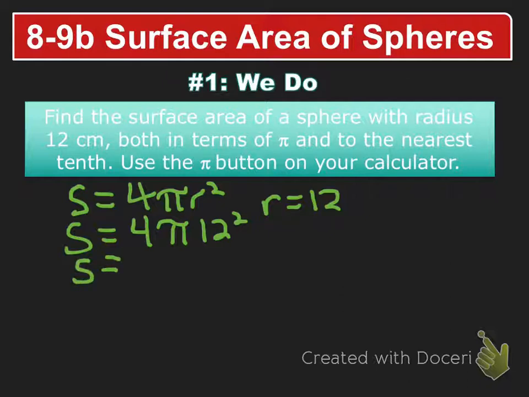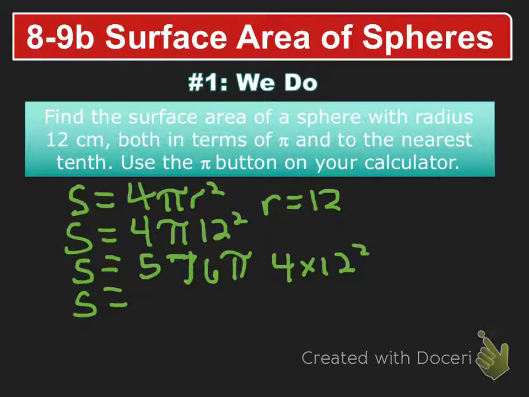So you're going to take the 4 times 12 squared. When you do that, you're going to get 576 pi. Now, if you take 576 and multiply it times pi, you're going to end up getting 1,809.6 centimeters. Remember, surface area is going to be squared.